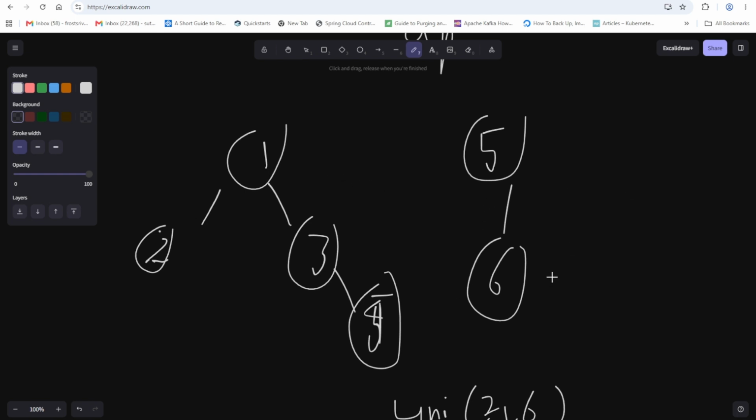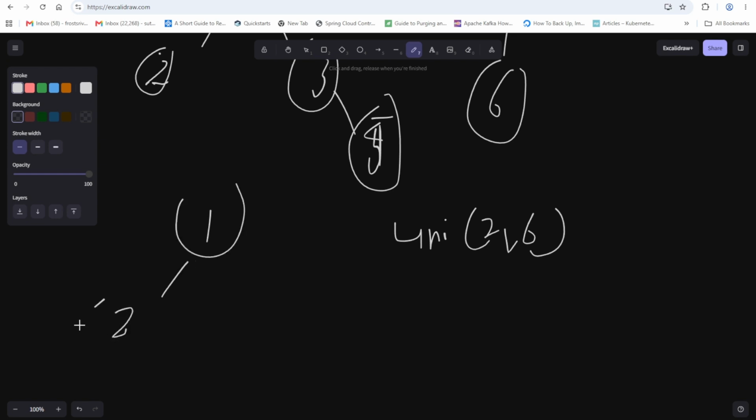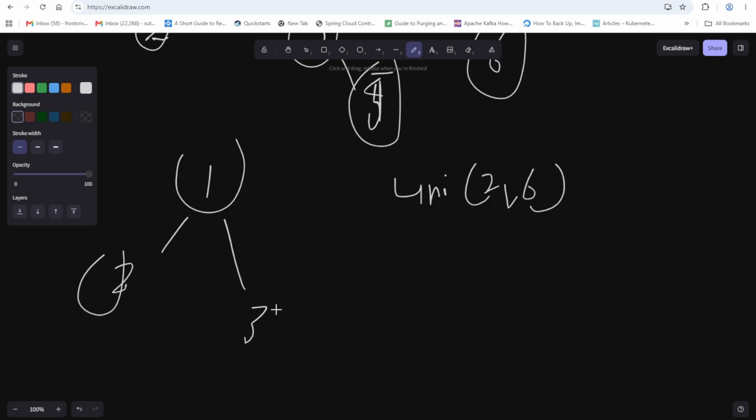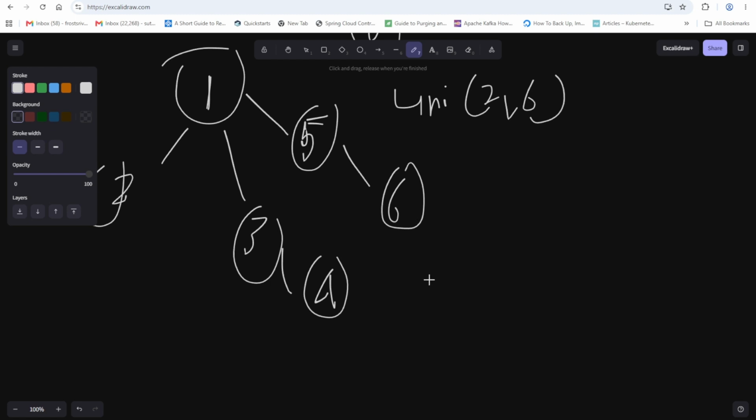This rank is 3, this rank is 2, and we will attach the smaller rank under the higher rank with their ultimate parents. So how will it get attached? It will get attached something like this. This is 4, and from here it will get attached. So we can see the rank remains the same, right? The rank did not increase for 1. We have only changed the ultimate parent of 5 to 1 now.